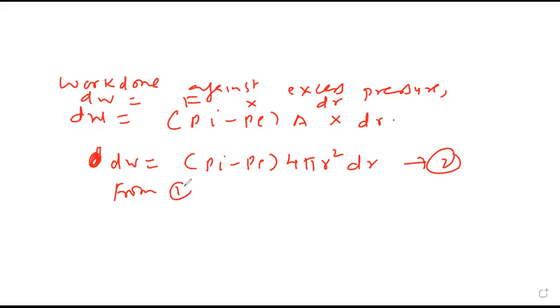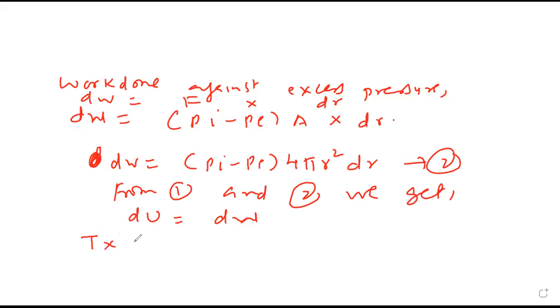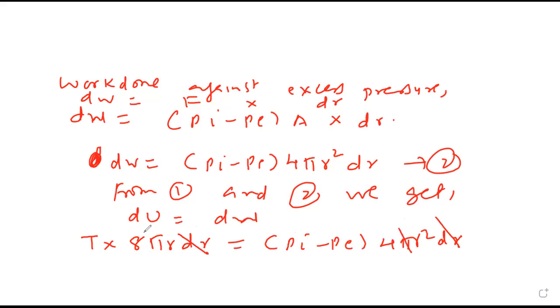So from 1 and 2, dU is the same as dW. So T into 8 pi r dr equals P internal minus P external into 4 pi r square dr. Dr you can cancel, pi you can cancel, one r you can cancel.